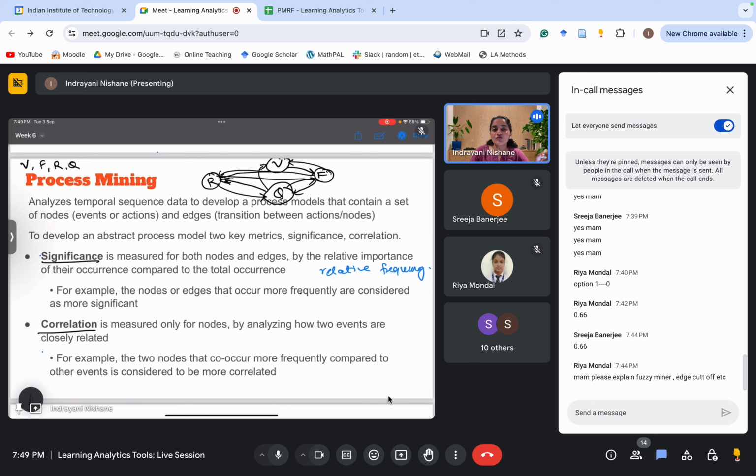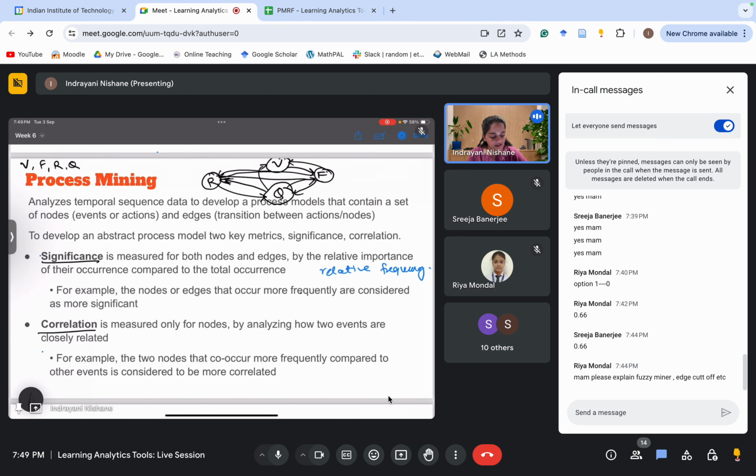The utility ratio will decide if you want to retain all the nodes, or only the important transitions. That's the utility ratio formula, which gives importance to node and edge. The cutoff is based on these significance and correlation values. An edge with low correlation and low significance will not be part of the end product, the process model.